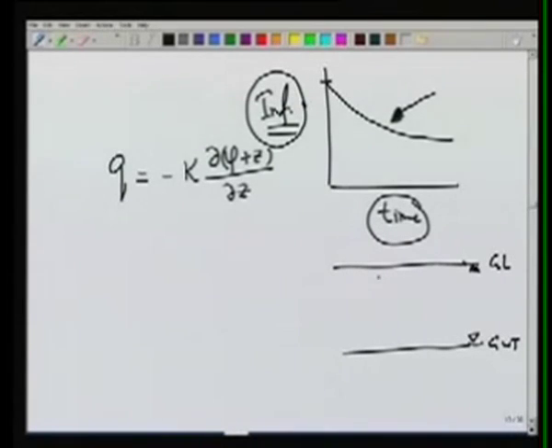So the soil in this area is unsaturated. Now during infiltration we have seen that part of the soil gets saturated, but most of it remains unsaturated. So Darcy's law can still be used, where psi is the pressure head and z is the elevation.